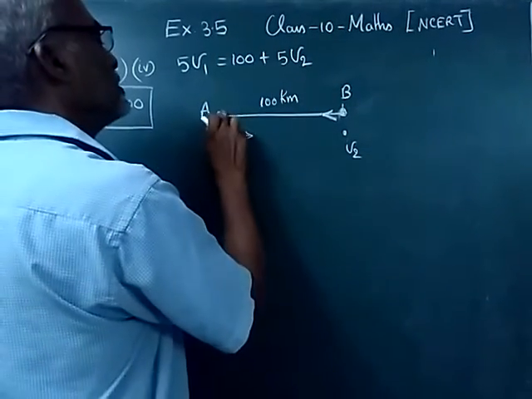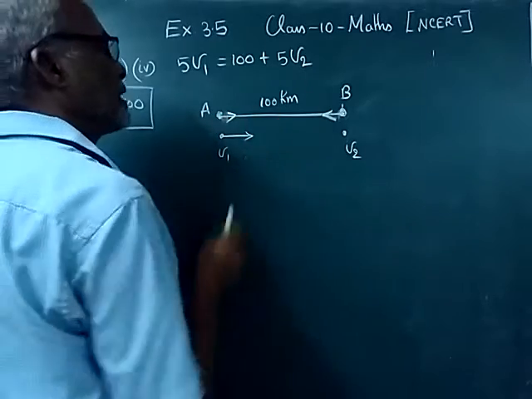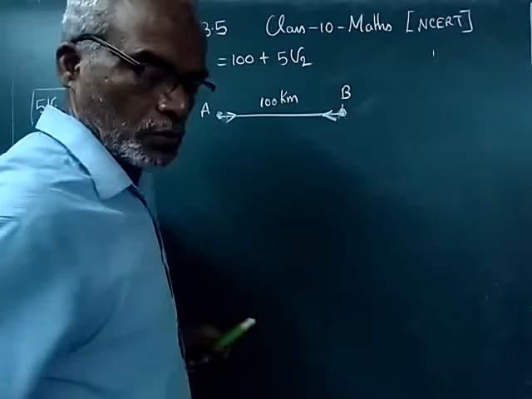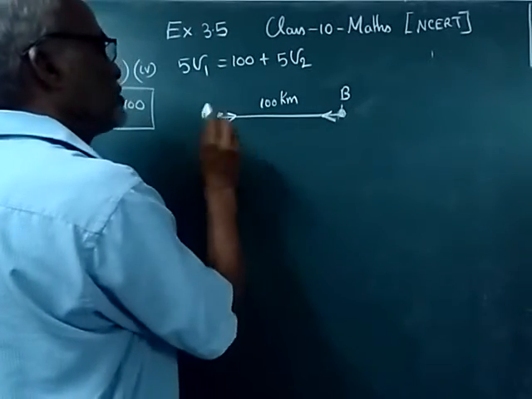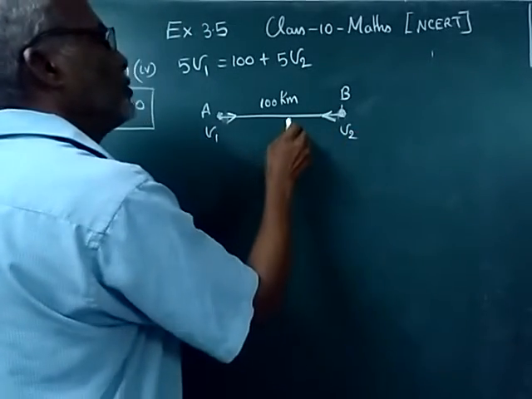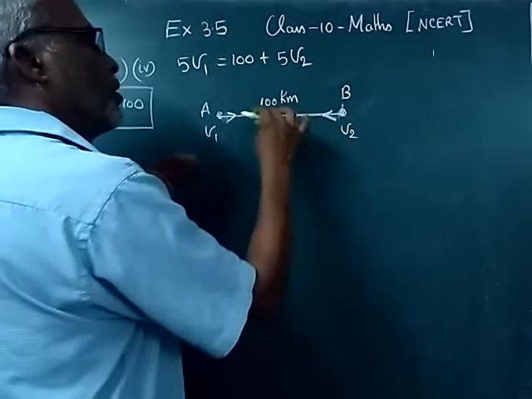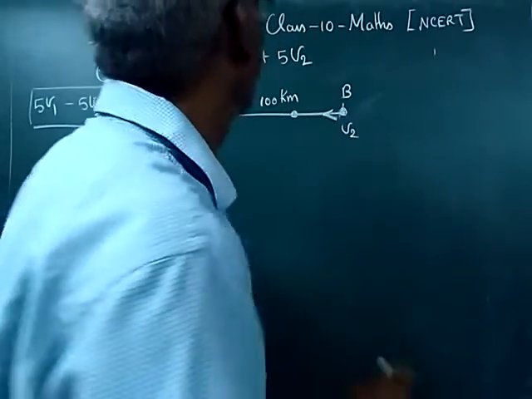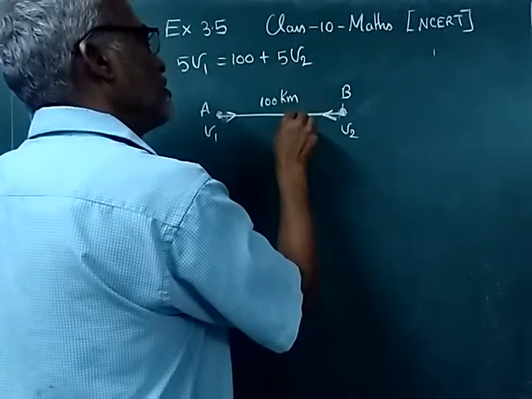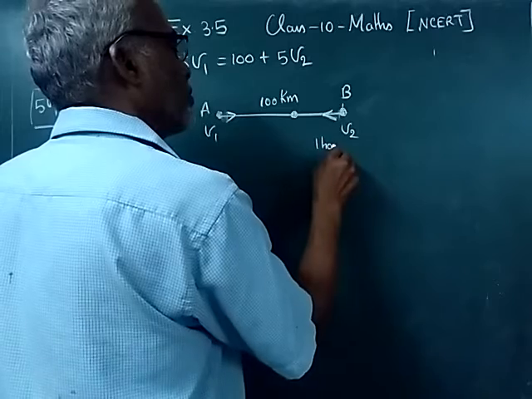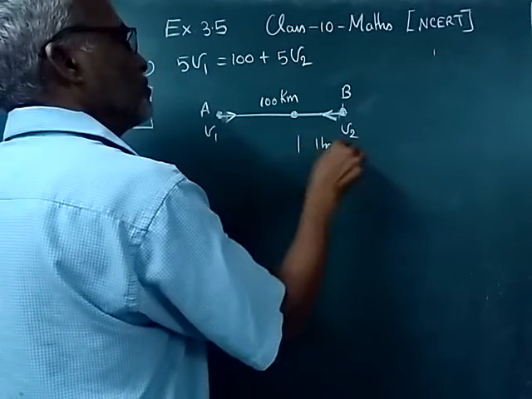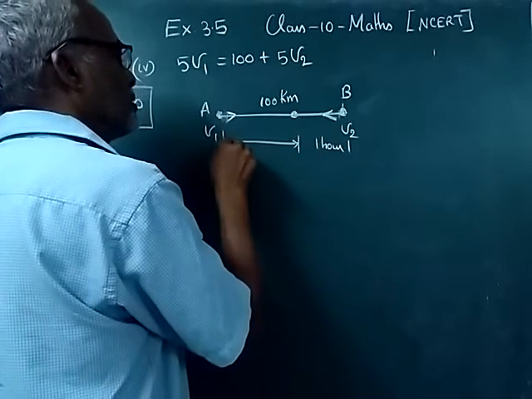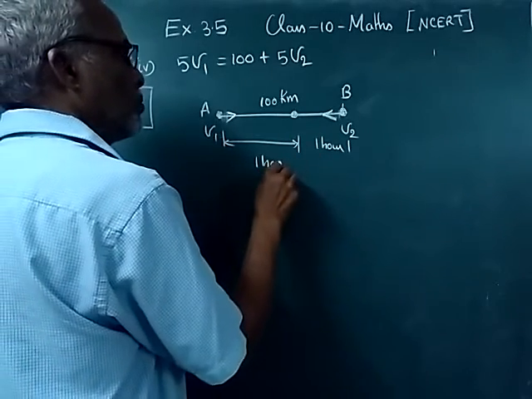So this is traveling in this direction, this car is moving in this direction with speed v1 and speed v2. At one point, both the cars will meet, and the duration is 1 hour. So car B will reach this point in 1 hour, and car A will reach this point in 1 hour. Okay.